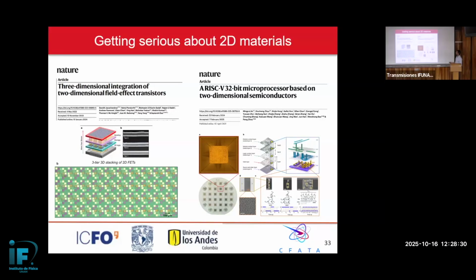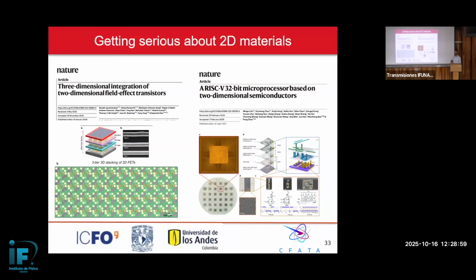A year ago, in April, I think, there were two recent papers published in Nature. They demonstrated that they are able to stack different transistors out of 2D materials. And actually, this paper demonstrated that they are able to reproduce a 32-bit microprocessor.